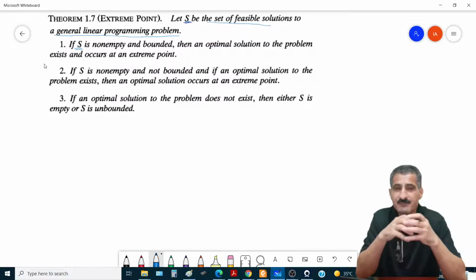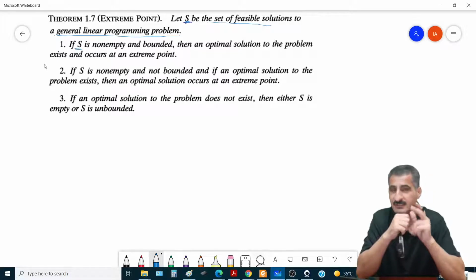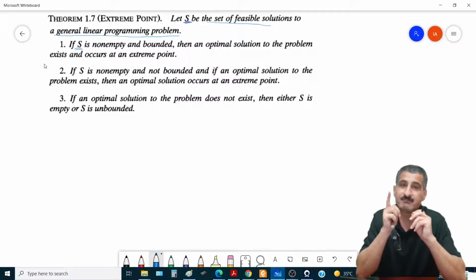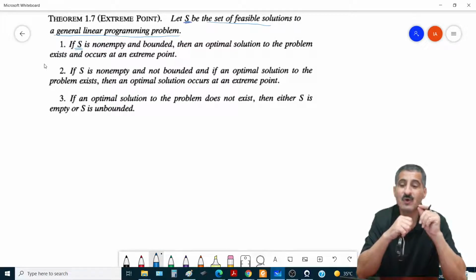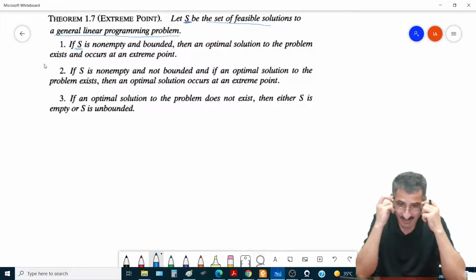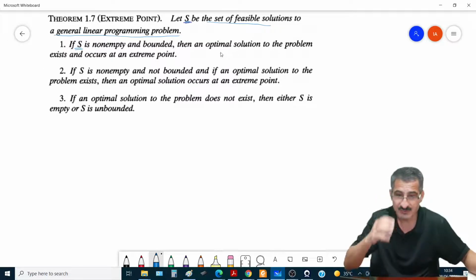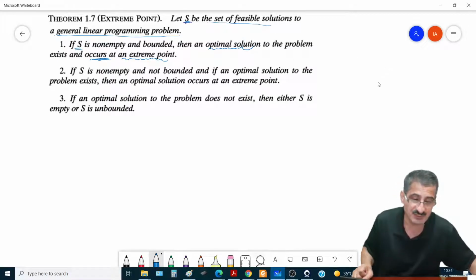Now it says if the set of feasible solutions is non-empty and bounded, that convex set is bounded, then the linear problem has an optimal solution, which occurs at an extreme point.